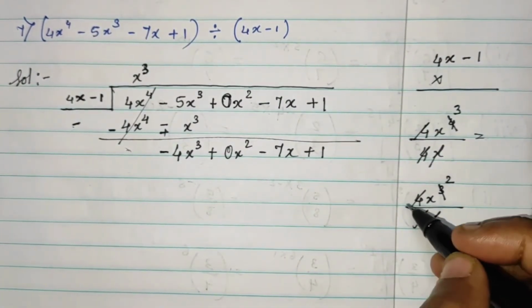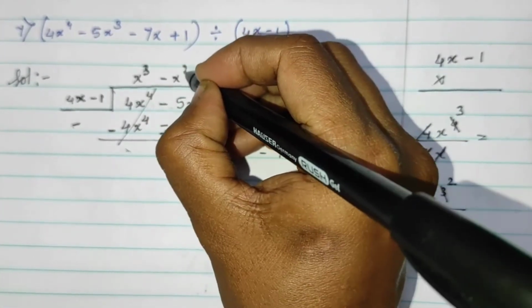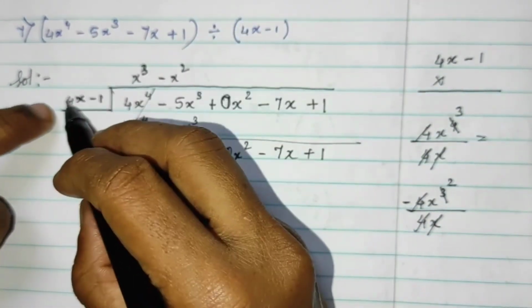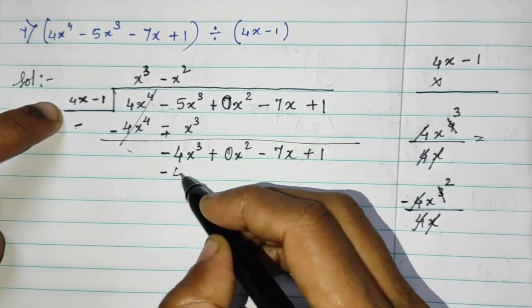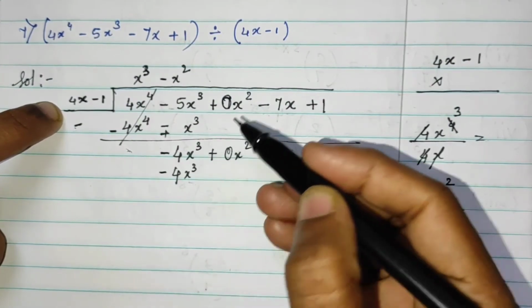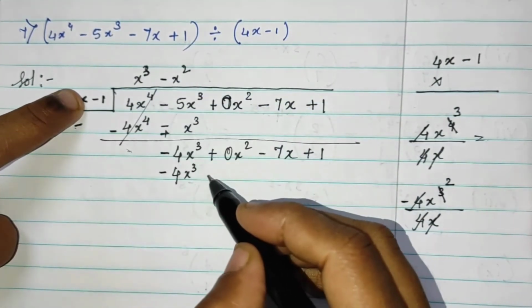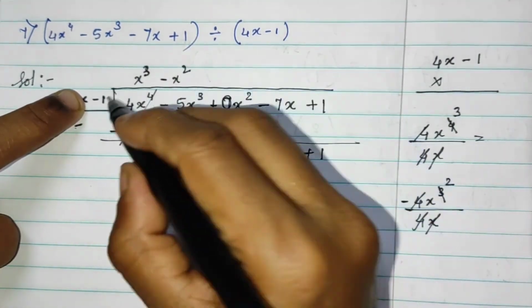So here we have negative, minus x square. So minus into plus minus, 1 4s are 4, x square into x, x cube. Now minus into minus plus, 1 1s are 1, x square.